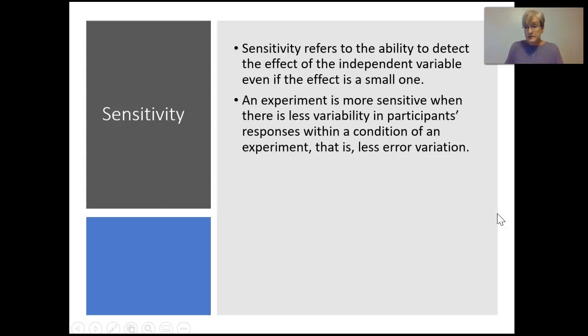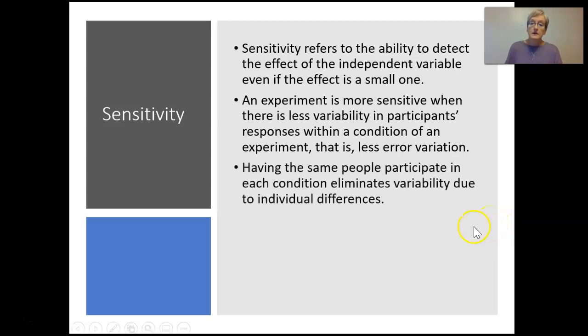There's still a possibility that even with random assignment, you have some quirky weirdnesses of those individual differences that might impact your findings. So the added sensitivity of the repeated measures design means that you have an extra layer of reduction of that kind of error because everybody is in every condition, regardless of who they are.